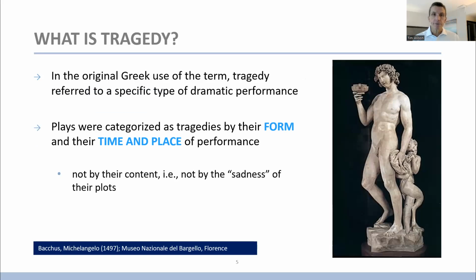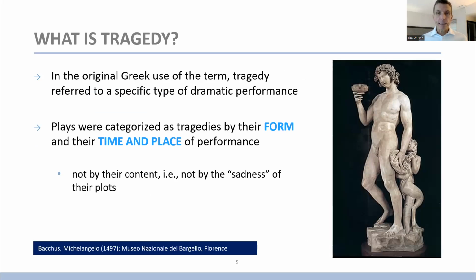The original Greek sense of the term referred to a specific dramatic performance, and it was more about the form and the time and place and less about the content. It was less about the play being about sad matter or something like that.